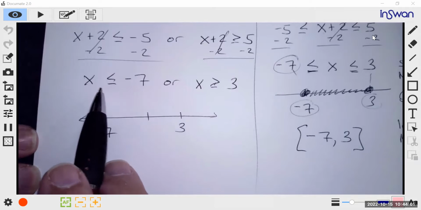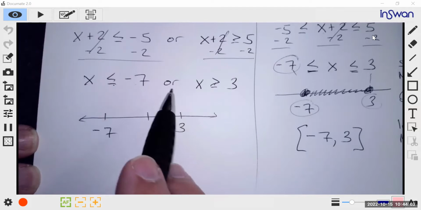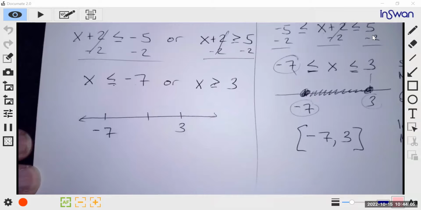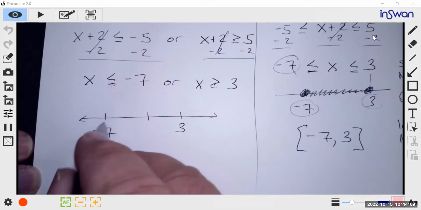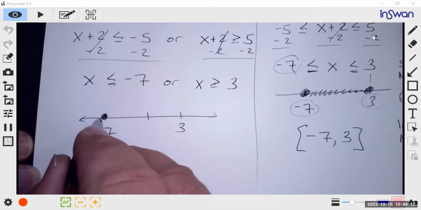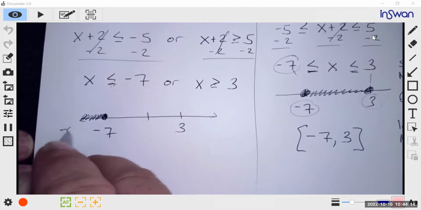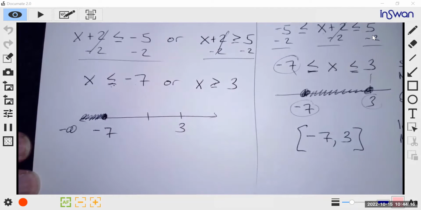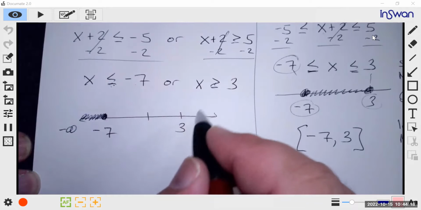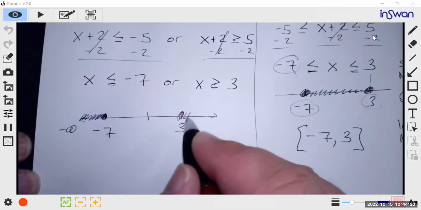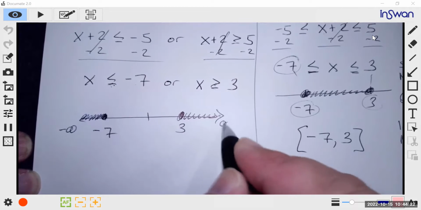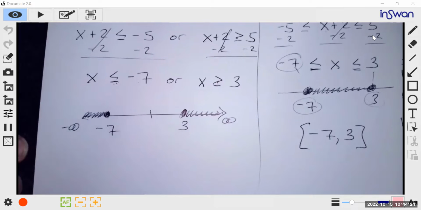So the set notation is x is less than or equal to negative 7, or x is greater than or equal to 3. Since they're equal to, those are solid dots. x is less than negative 7, so it's to the left, going to negative infinity. And x is greater than 3, solid dot, so it's going towards infinity.